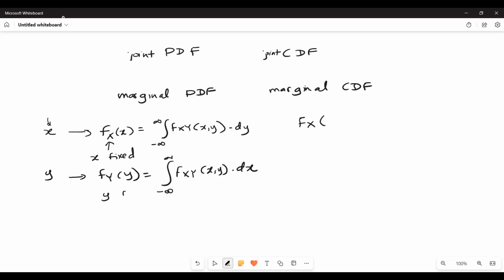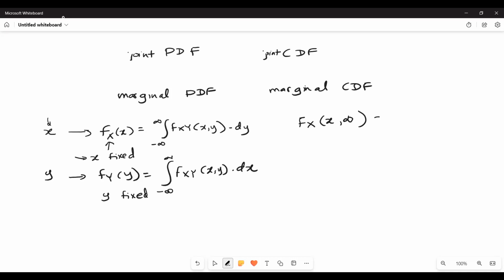So I'm considering fixed values for X when I'm considering the marginal CDF of X. Whatever fixed value of X I consider, the Y value changes from minus infinity to plus infinity.